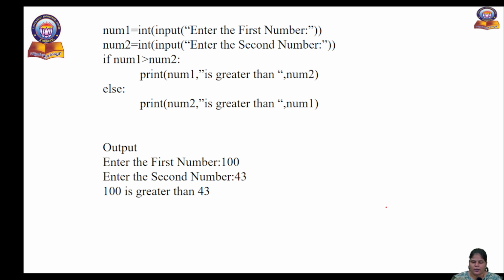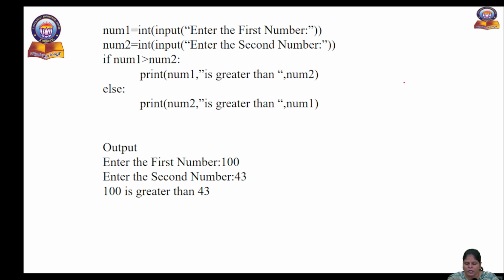Right? So taking the same program, considering num1 and num2, I am checking whether num1 is greater than num2. If it is greater, it will print num1 is greater, otherwise num2 is greater than num1, right?